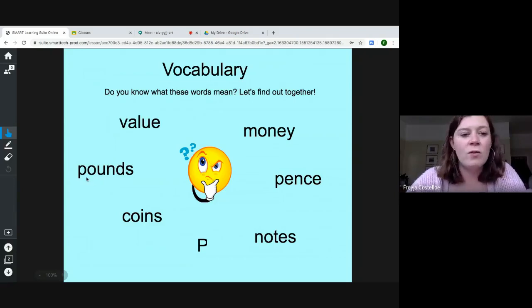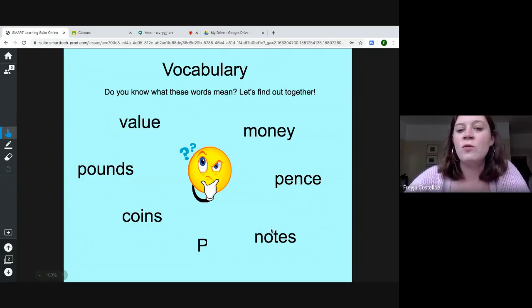So pounds, I've got 10 pounds, I've got 5 pounds. Coins, obviously these are the things that make up our money. We have them in our pockets, our purses, our piggy banks. The letter P, okay? This is for what we put when we are writing down money. So I might write down that I have 5p, and I will write the letter P next to it.